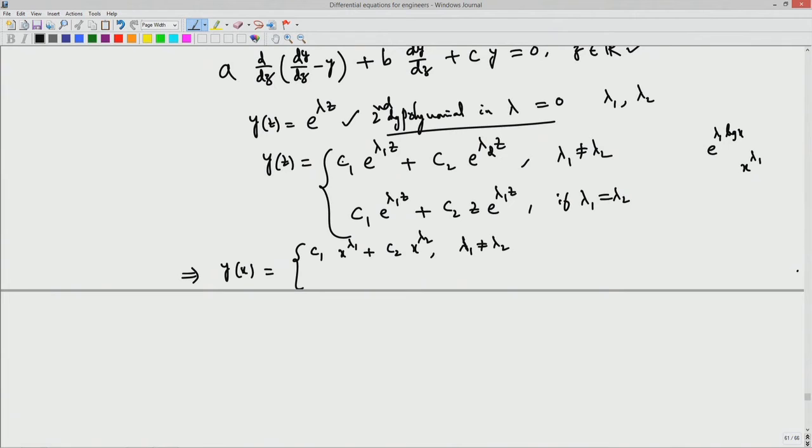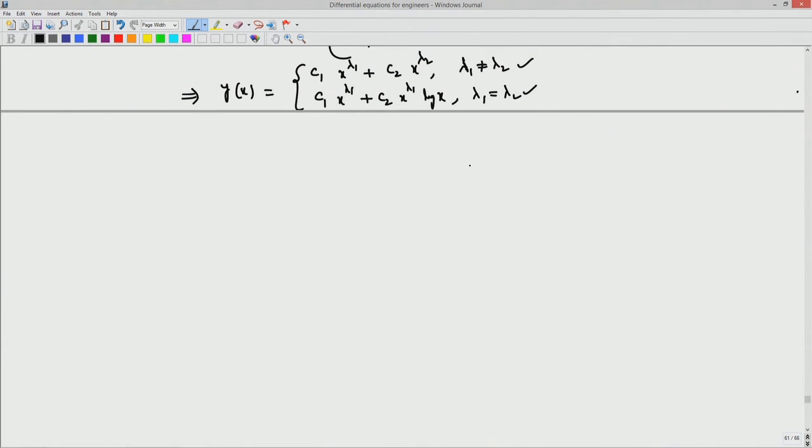And if lambda 1 equals lambda 2, it will be C1 x power lambda 1 plus C2 x power lambda 1 times log x, since e power lambda z is x power lambda. So these are the two linearly independent solutions in two different cases, depending on the roots of your polynomial in lambda. We will see some examples.